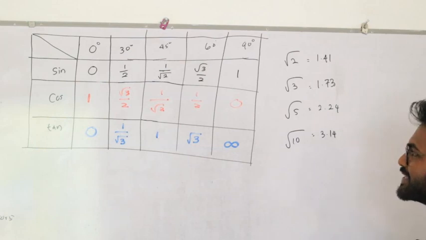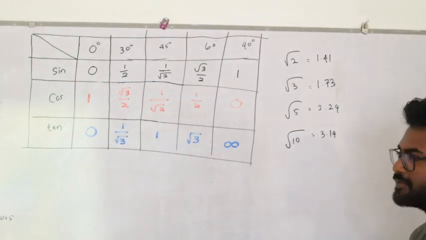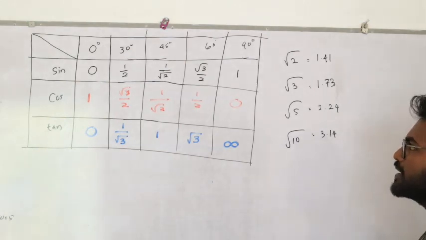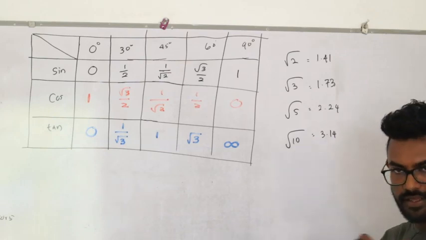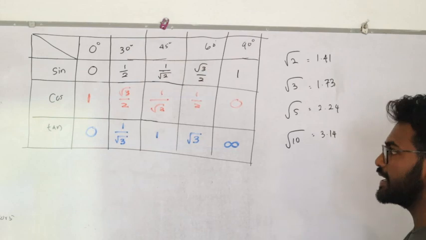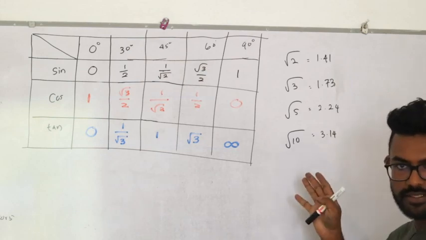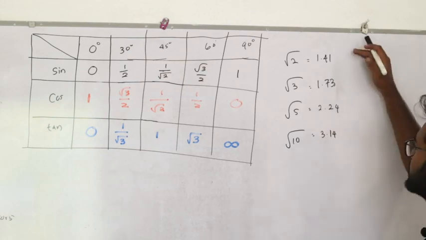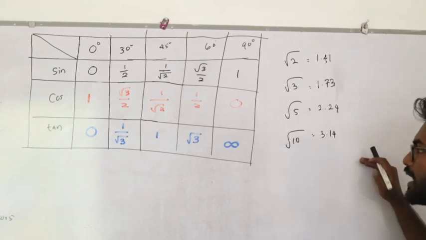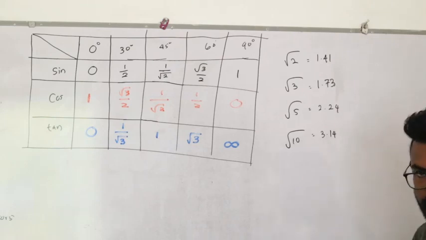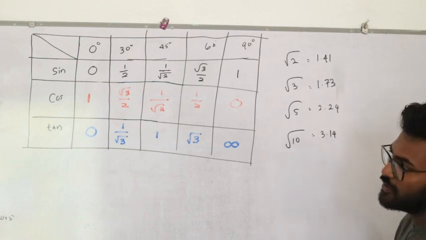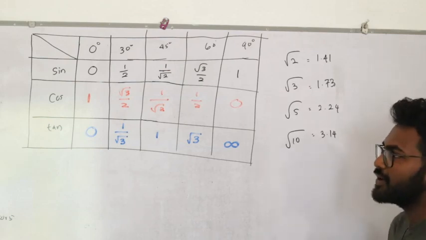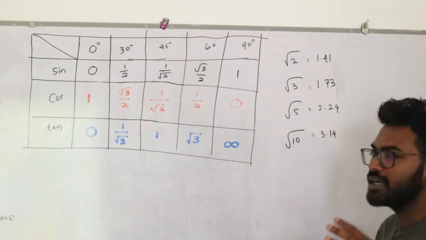You should remember all these values, right? What you can do, maybe you can first see this one, and grab a piece of sheet and draw a table similar to this one, and without looking at this you can fill up these values. Afterward you can compare with the table that we have drawn right now, and if you are correct you can be pretty sure that you remember it. If not, you should correct it, right?